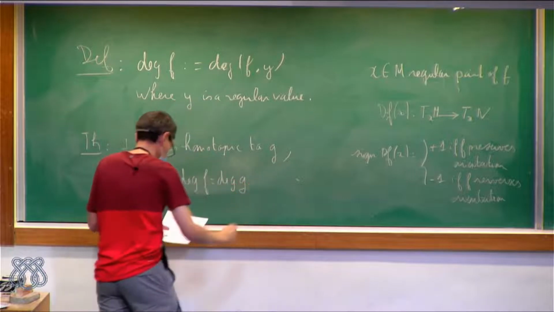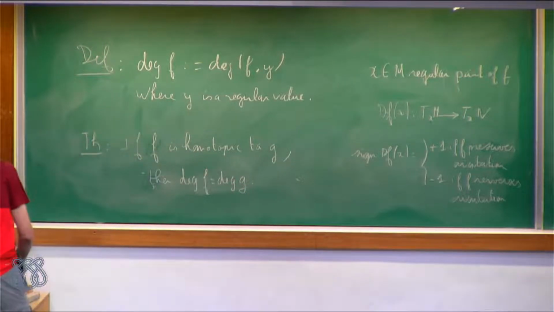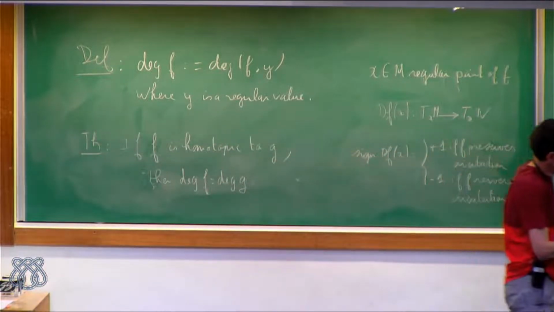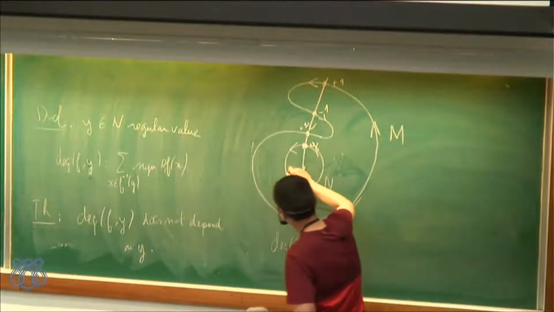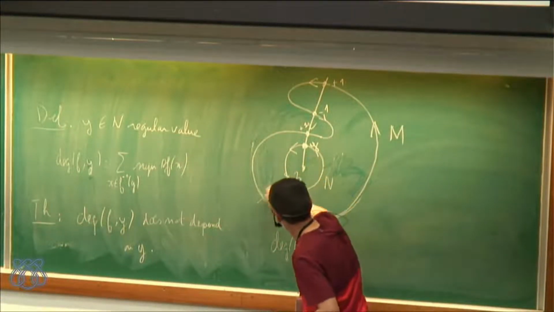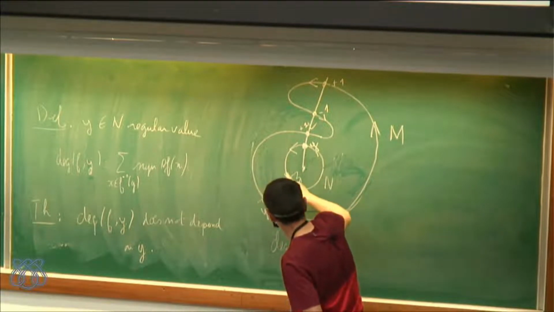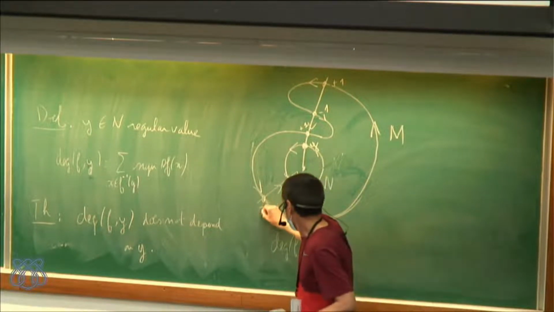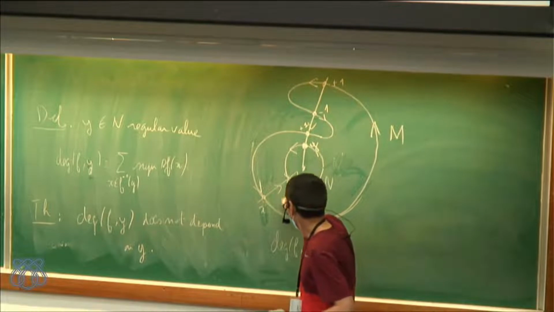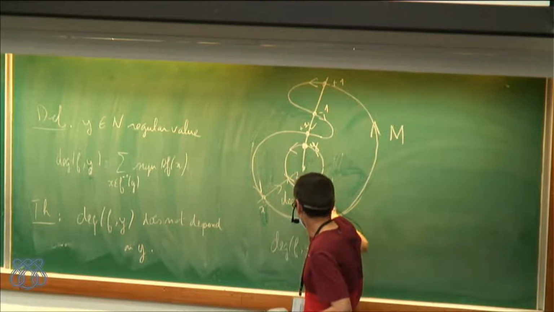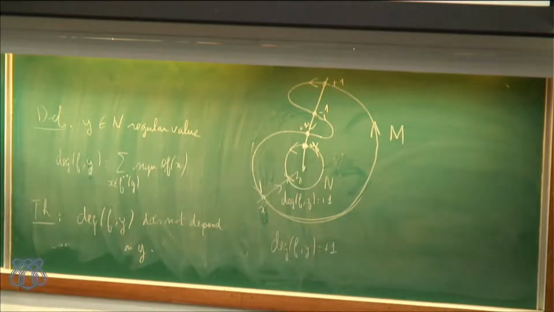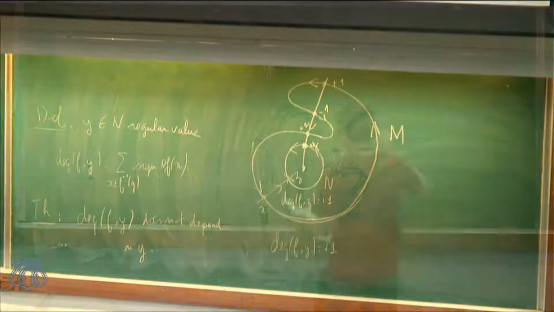Okay. So now let me give some examples. So here we have one example here. So you see that if I pick another regular value here, then it has only 1 pre-image, and the orientation is +1. So we see that the degree of F at z is 1. Okay, so let me give other examples. So first example.